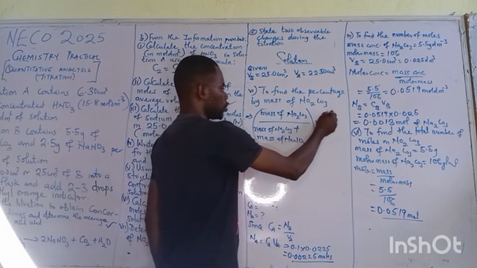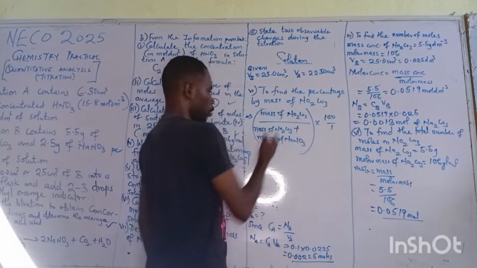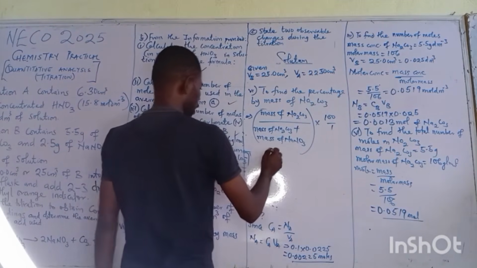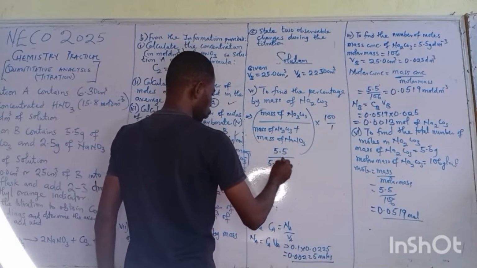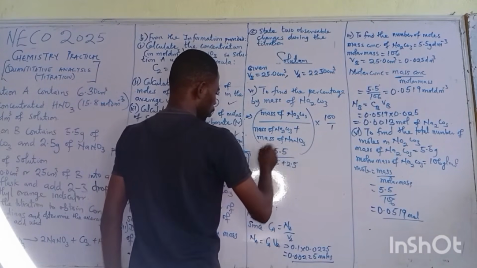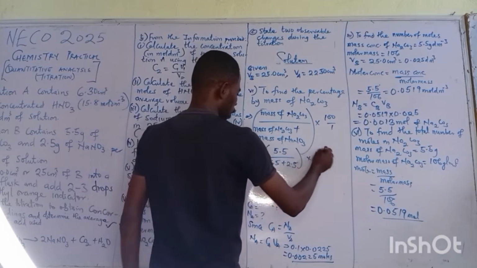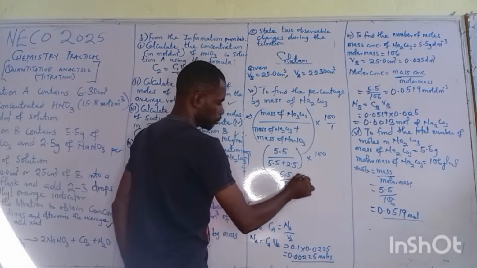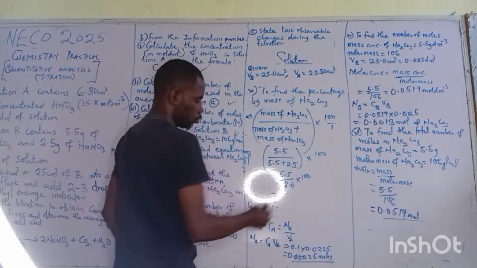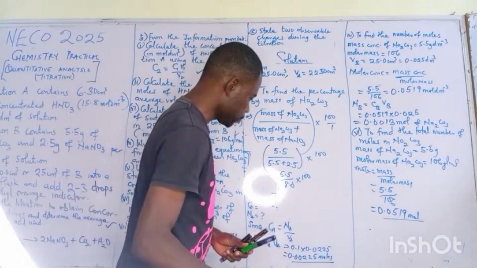So we have times 100 over 1. What is the mass of this? So we have 5.5 over 5.5 plus 2.5, multiplied by 100. That is 5.5 over 8.0 times 100.